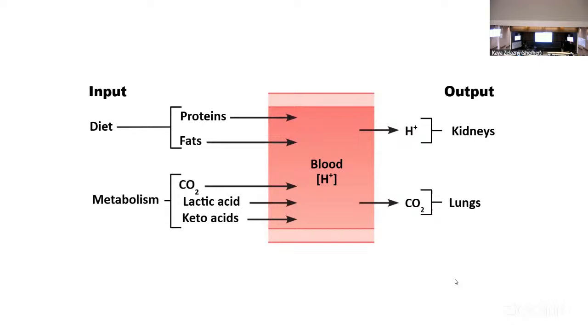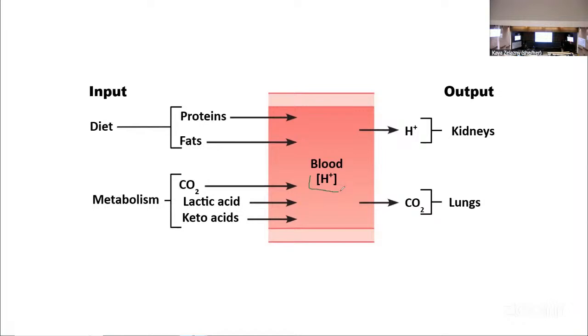So big picture, we know carbon dioxide and bicarbonate are important for maintaining this balance. Especially when we're thinking about the kidneys, we also want to think about the other things that affect the pH of your blood, particularly the H part, the hydrogen ions themselves, for which pH is named. You have things that put hydrogen ions into your blood and things that pull hydrogen ions out.